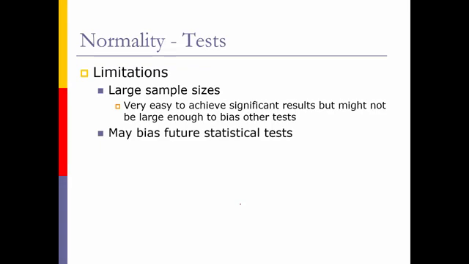So if we want to maintain a 5% error, we should only run one test on our database. Therefore, we don't want to waste the test on normality. But we're just going over the tests to make sure that you understand that there are tests that you could run. And we're going to go through a few of those.